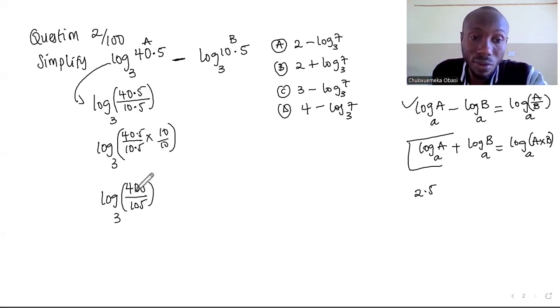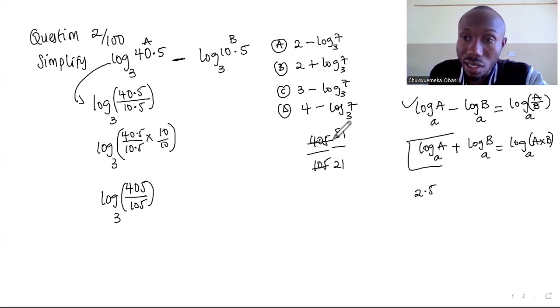Then I can quickly divide these guys because 5 can divide 405 and 5 also can divide 105. So let's quickly break it down here. 405 divided by 105. If 5 divides 40, I have 8. And if 5 divides this guy, I have 1. If 5 divides this guy, I have 2 and I have 1. Now 3 can divide. 9 cannot divide, but 3 can divide, right?